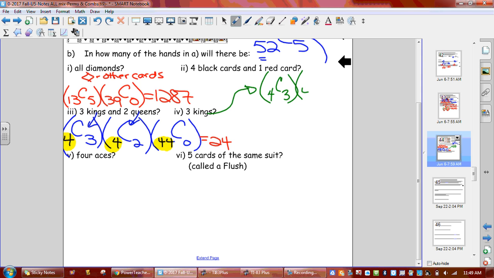Remember, these 2 add to 5, those 2 add to 52. Right? So it's 52 minus 4, which is 48. And then these 2 add to 5. So, we're going to multiply those together. And for 3 kings and 2 other cards to make a 5-card hand, 4704. That's what we should get.